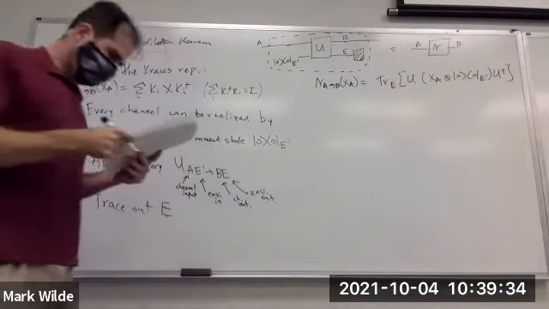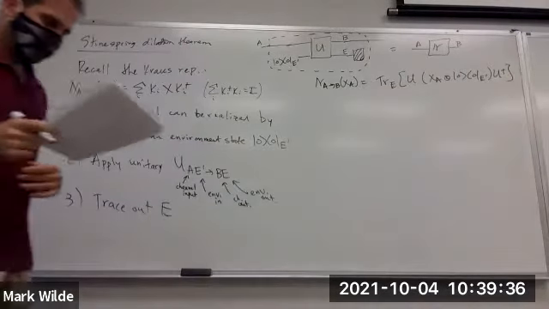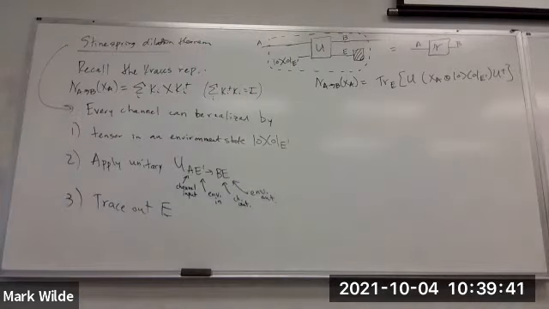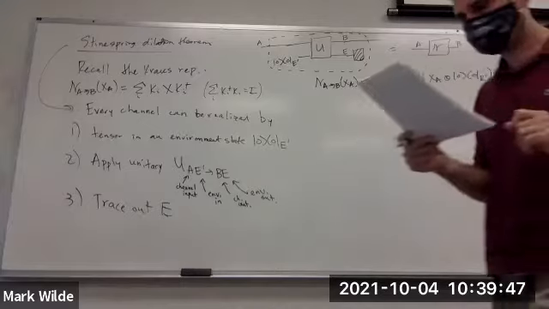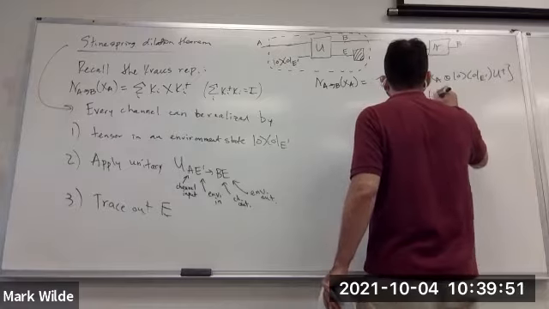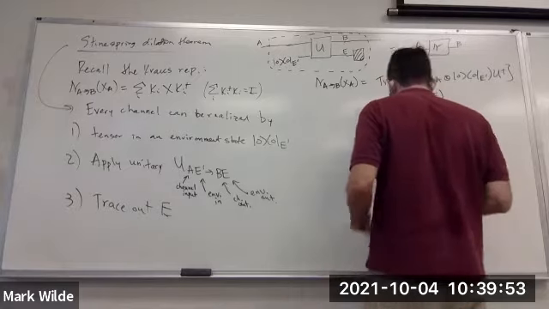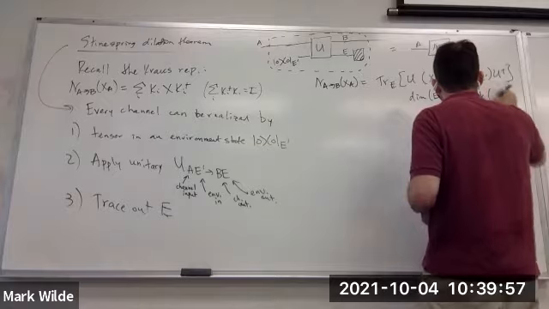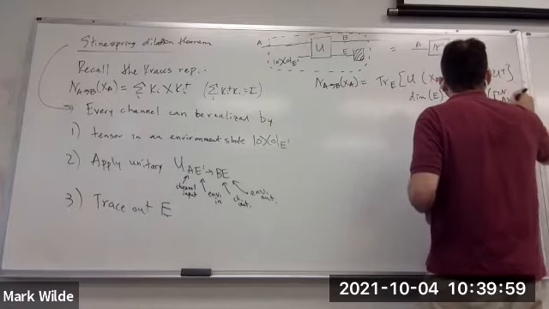Okay, and then there might be a question of how large you need the environment E to be. I think there's a little typo in the notes. The dimension of E, system E, has to be greater than the Choi rank of the channel.